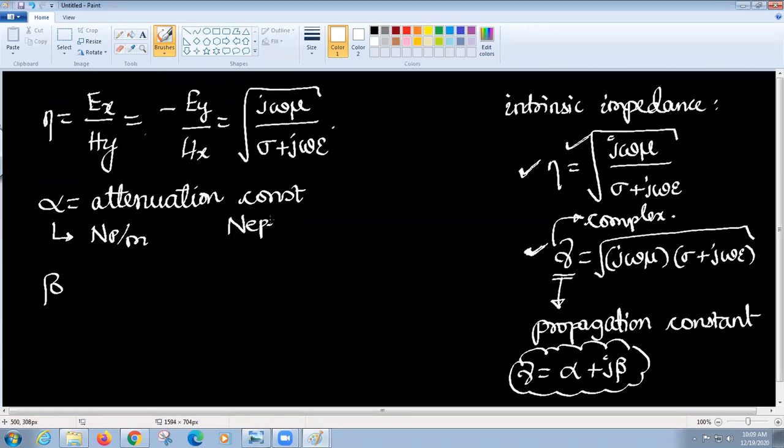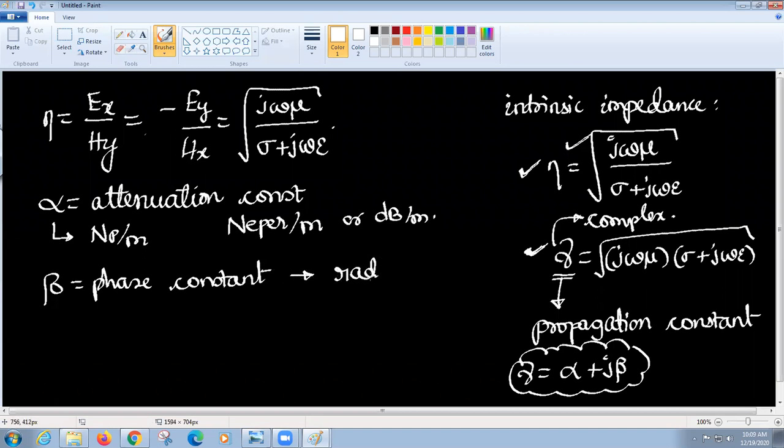Alpha means Napier per meter, or you can take decibel per meter. You will understand these things. Beta is the phase constant. What units will you have here? Phase constant, units of what? Radian per what? Radian per meter, very good. And if I take gamma, the units are per meter.